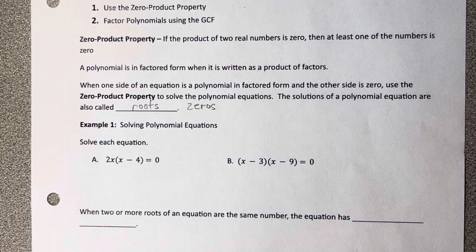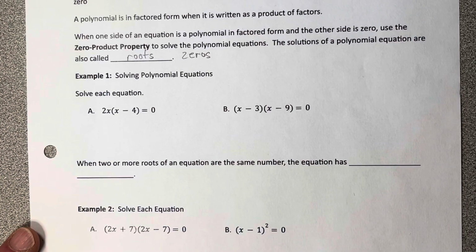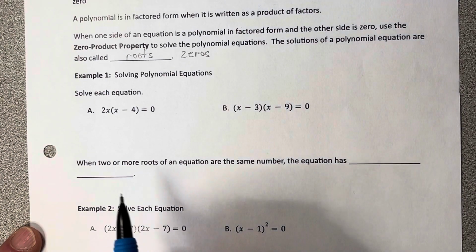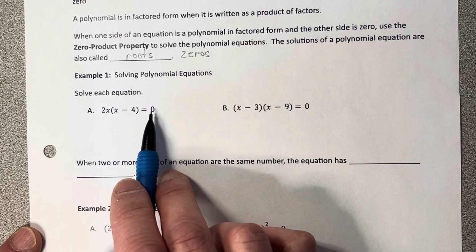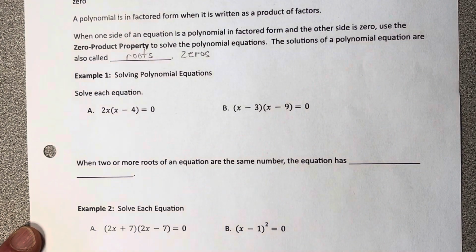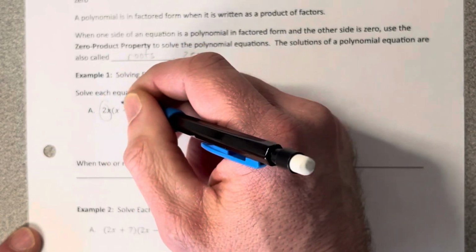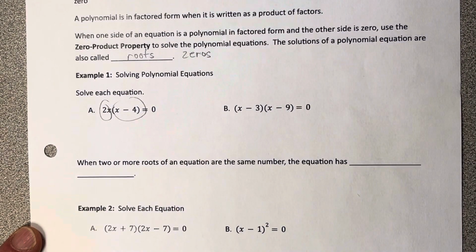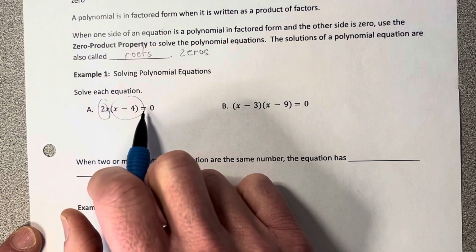So let's dive in here. The zero product property says if you've got two things multiplying together equaling 0, and it could be more, I gotta stress that, then one of them has to equal 0.